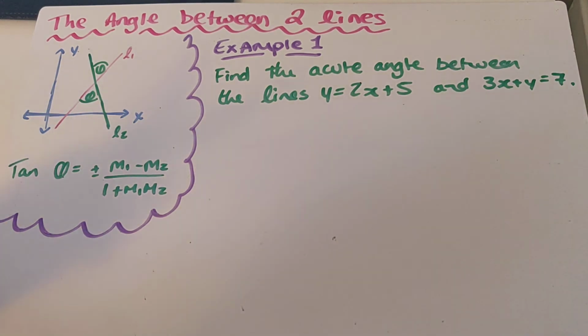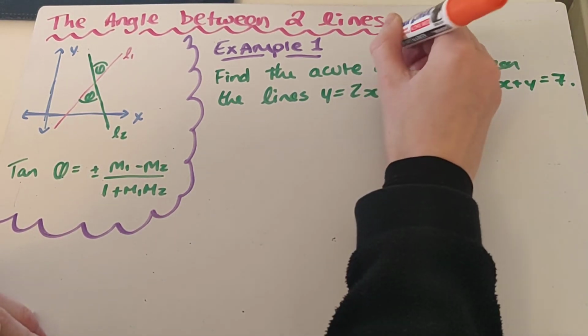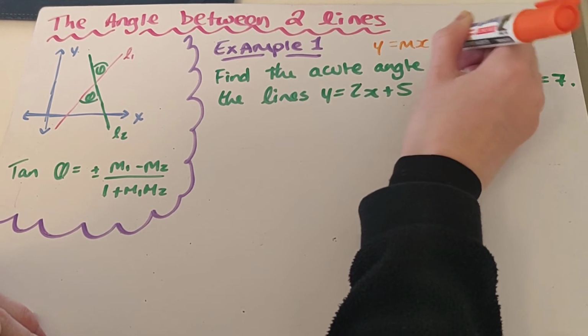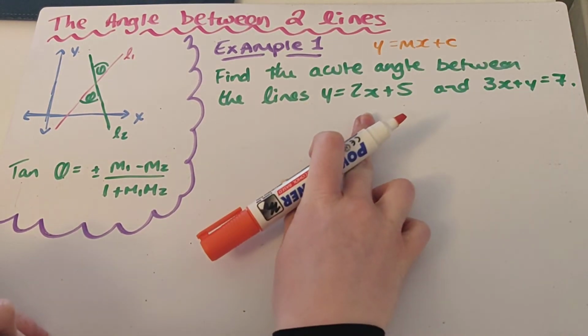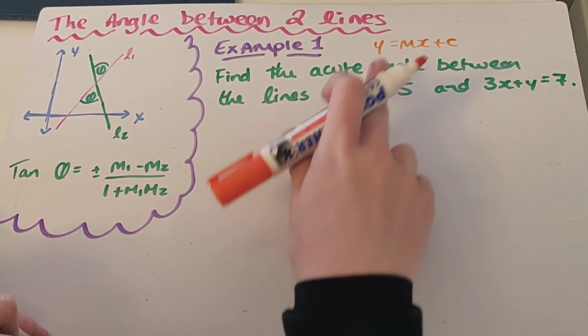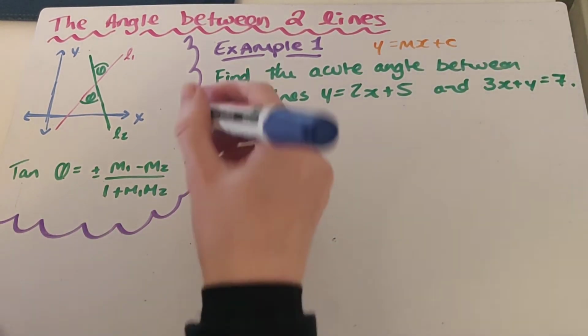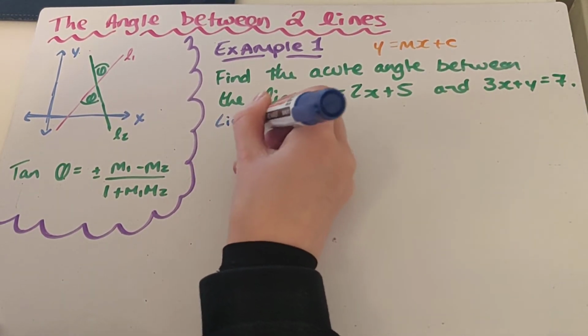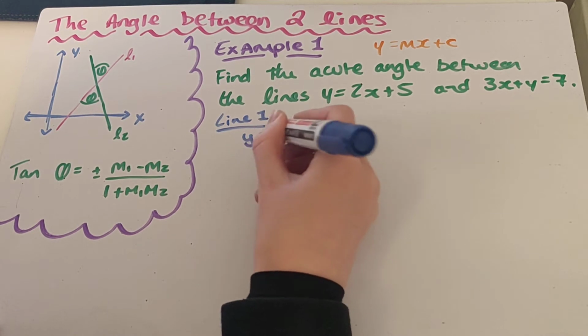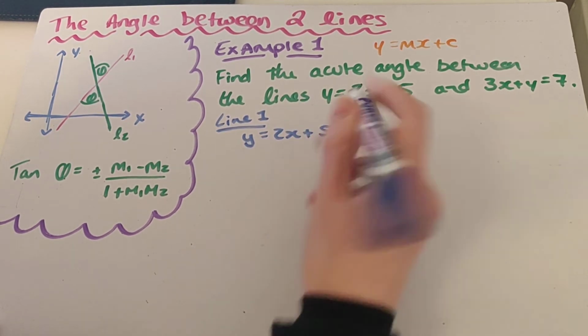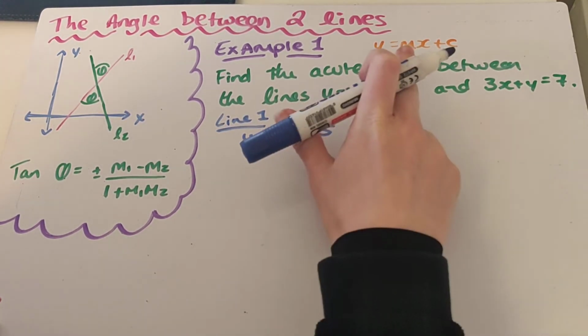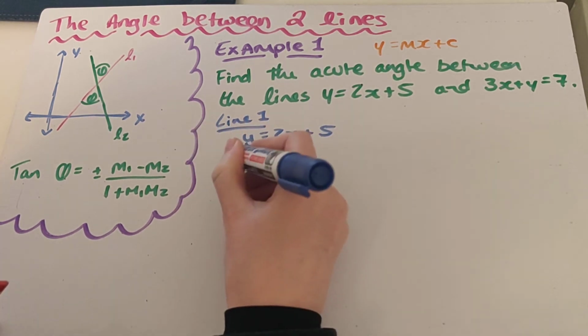Now to find the slope of a line, guys, we know that we're going to need to use our formula y is equal to mx plus c, because we're given the equation of a line and we need to find the slope. Which means in line 1 here, we have y is equal to 2x plus 5. So my y is already isolated, which means that the number in front of x is my slope.